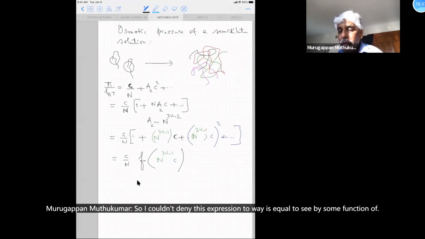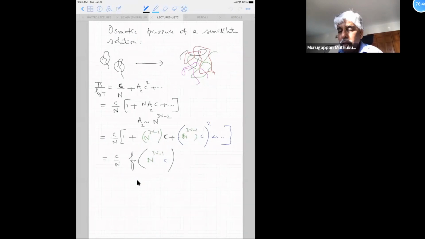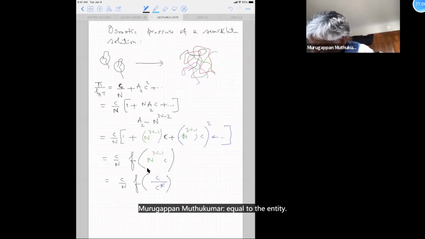I could rewrite this expression as C over N times some function of C divided by C star, where C star is equal to N to the 1 minus 3 nu.